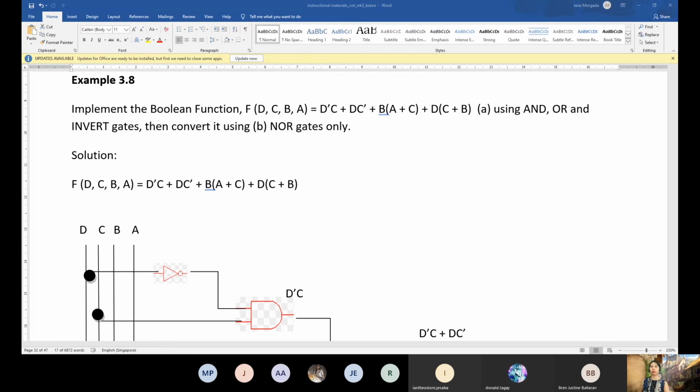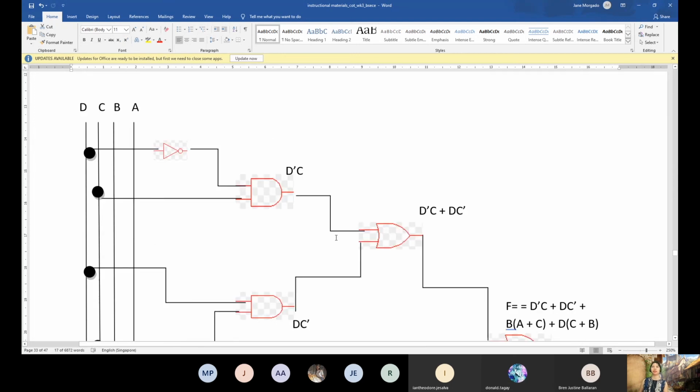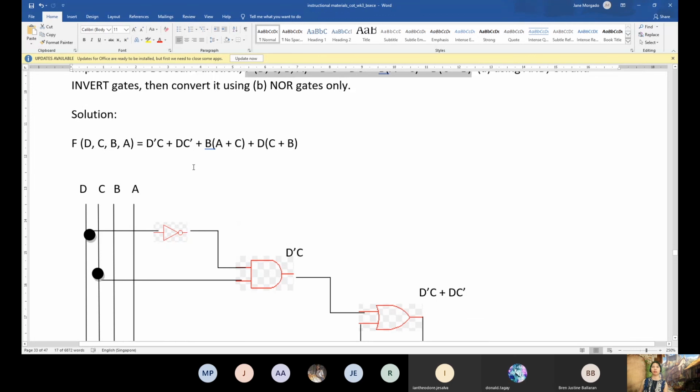D prime C plus DC prime plus B times A plus C plus D times C plus B, using AND or invert. Same circuit. So we have D prime C. You need an inverter here.